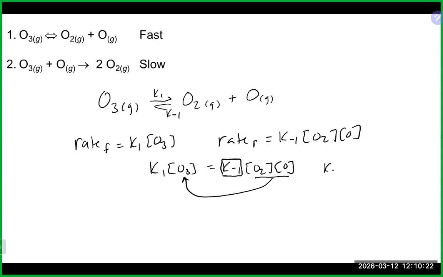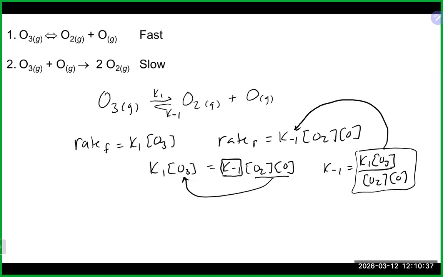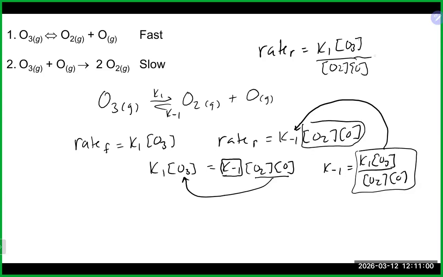So K minus 1 would equal K1 O3 over O2 and O. And if I substituted this in for K minus 1, I would end up with the rate of the reverse reaction equaling K1 O3 over my O2 and my O, times my O2 and my O up on top.